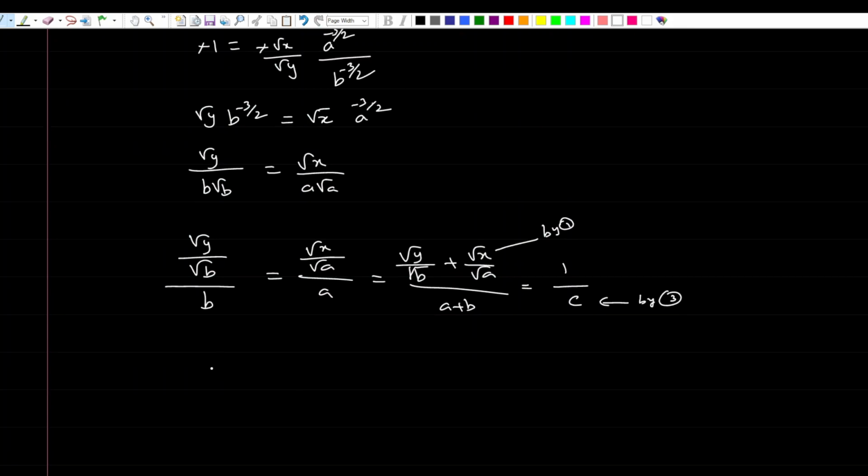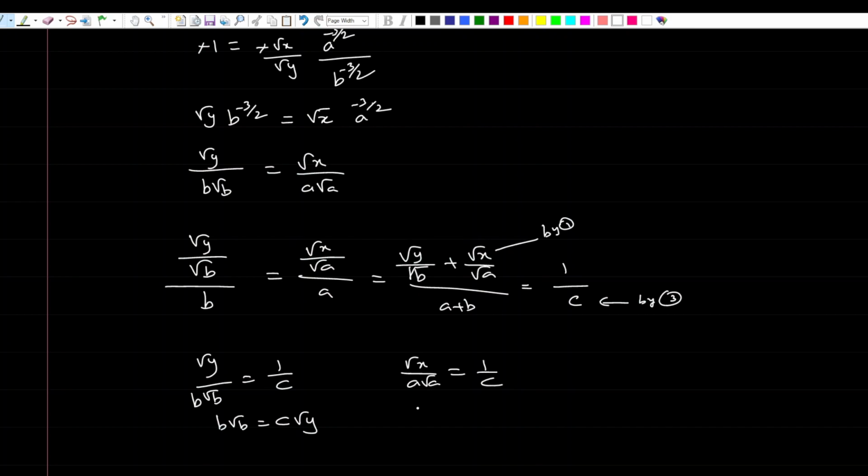Therefore, I am getting the relation root y by root b root b equal to 1 by c. Therefore, by cross multiplication, b root b equal to c root y. Similarly, you will get root x by a root a equal to 1 by c.